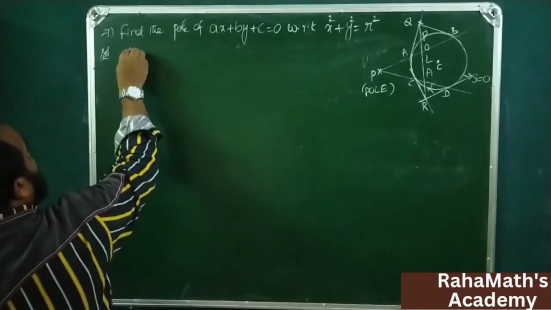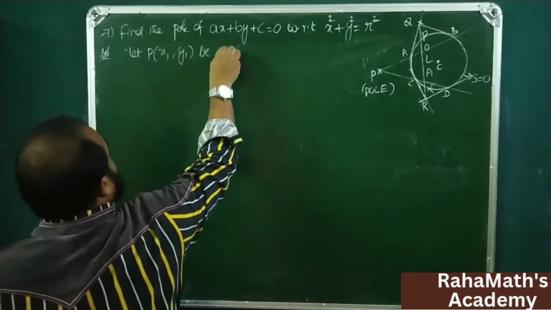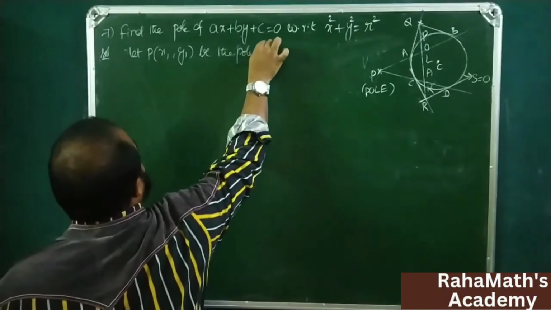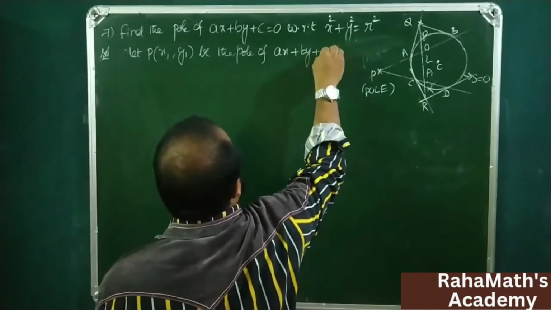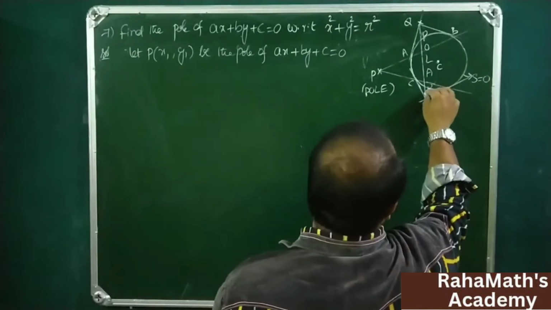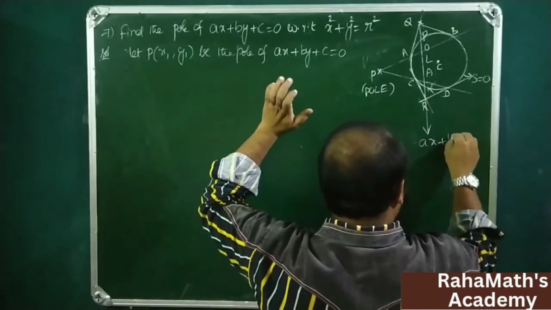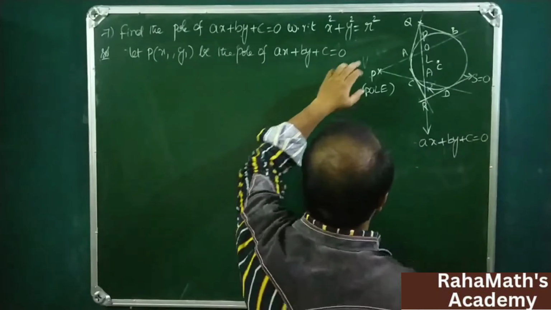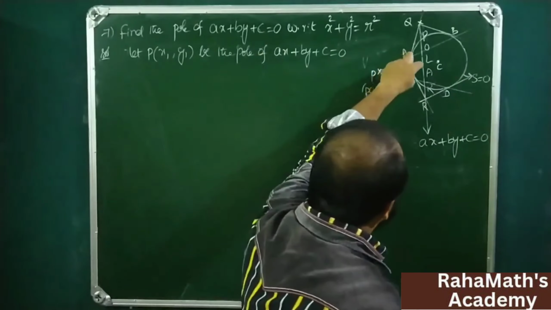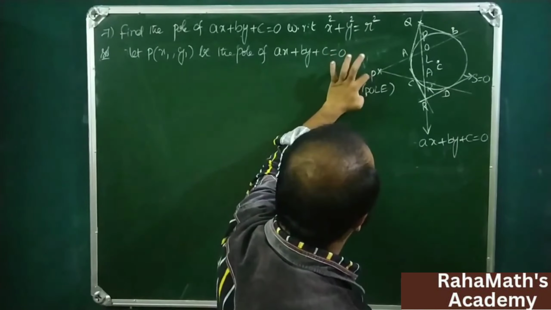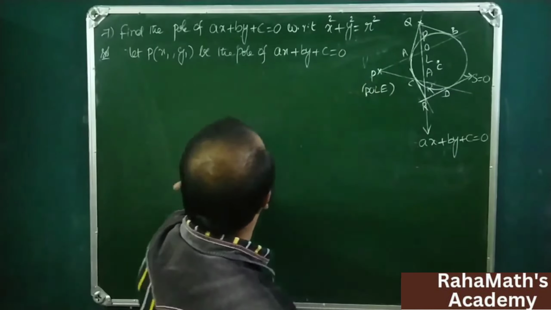Let P x1 y1 be the pole of ax plus by plus c equals 0. So this straight line is there, ax plus by plus c equals 0, and we have to find the pole P, which I have taken to be x1, y1.